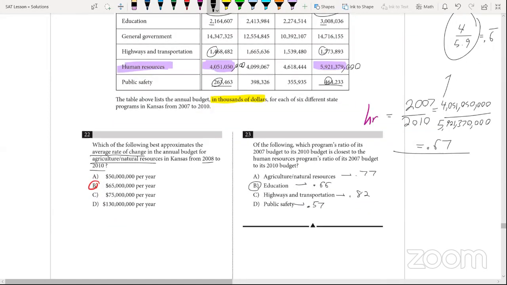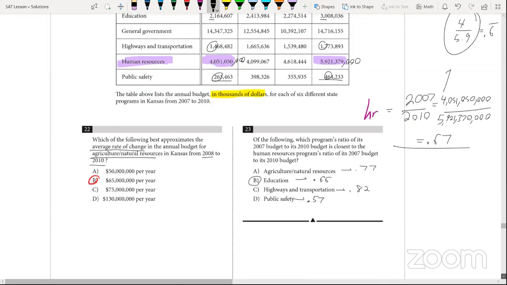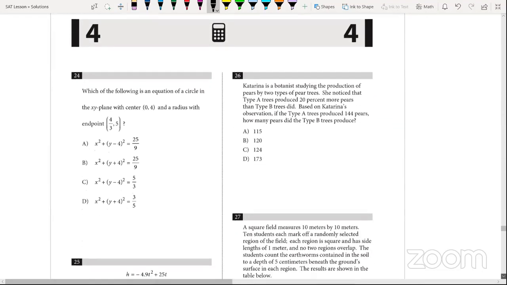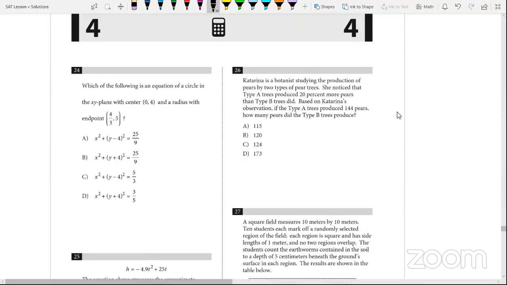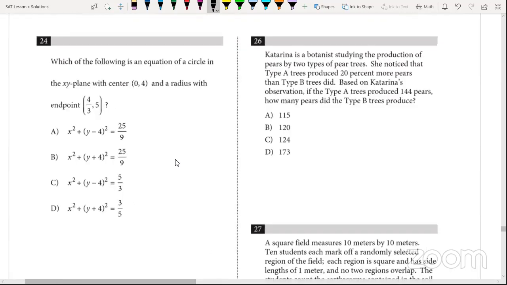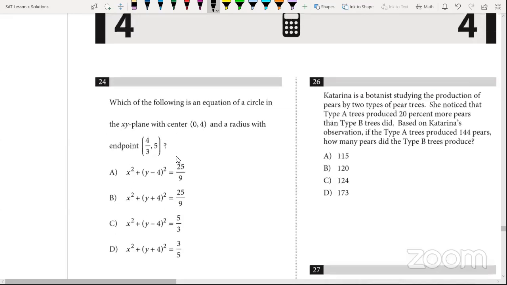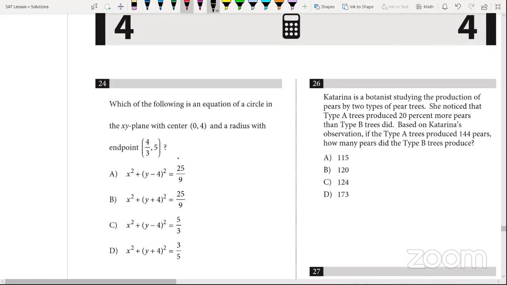So let's go over to question 24 now. We need the equation of a circle with a center of (0, 4) and passing through the point (4/3, 5). So first of all, you need to know the equation of the circle by heart in order to do your best on the SAT.